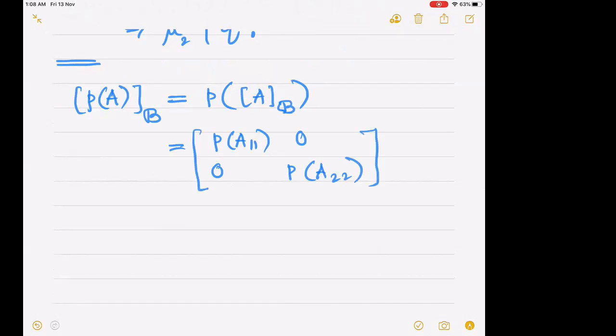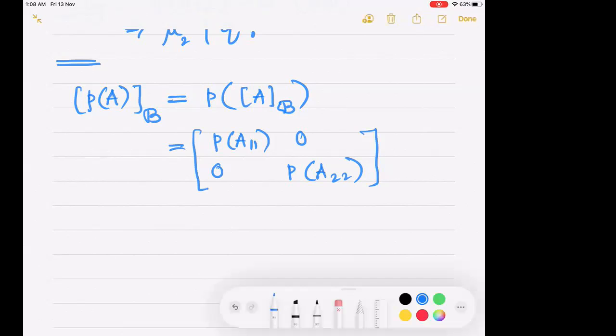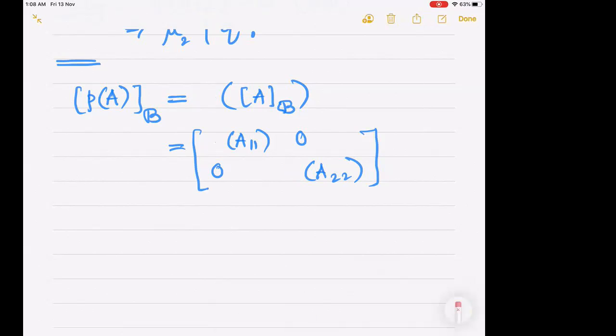Okay. Now, in fact, I don't need P. This is true for all polynomials. So let me just insist on that. Let me write this down for a general polynomial.